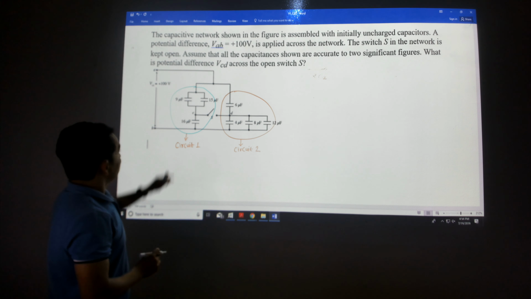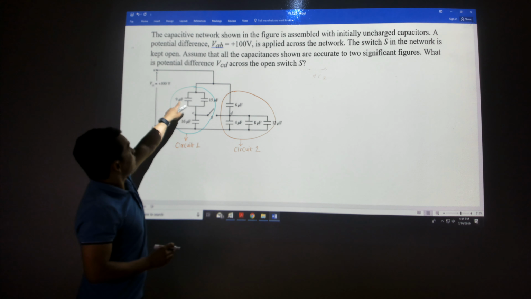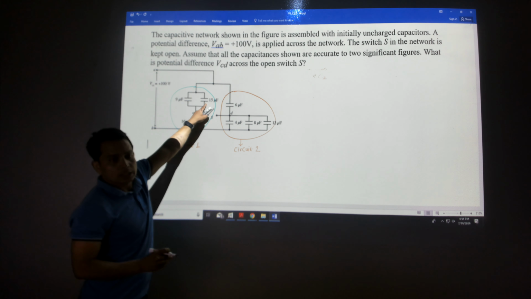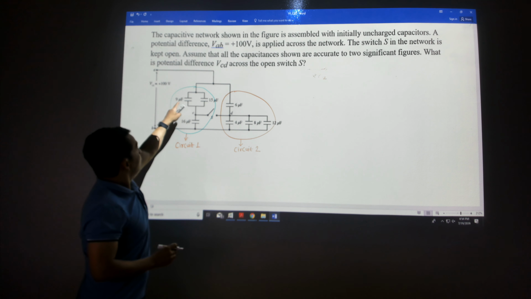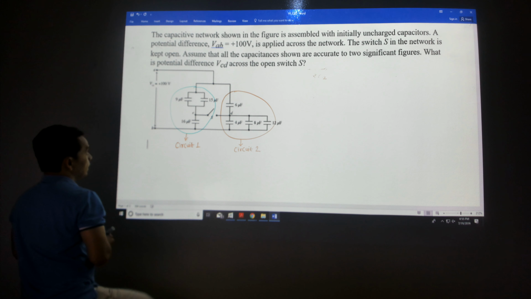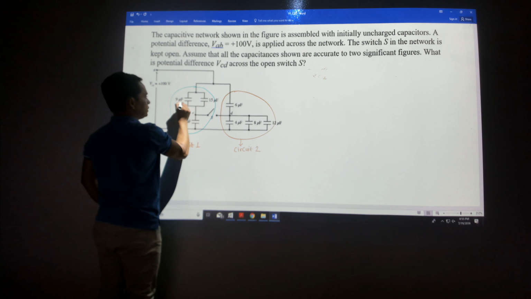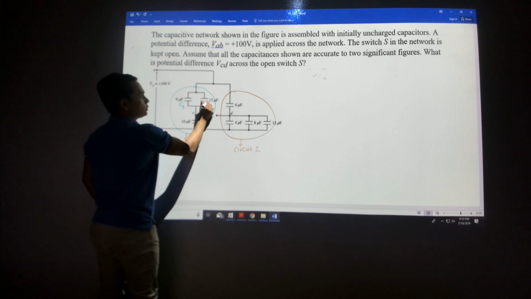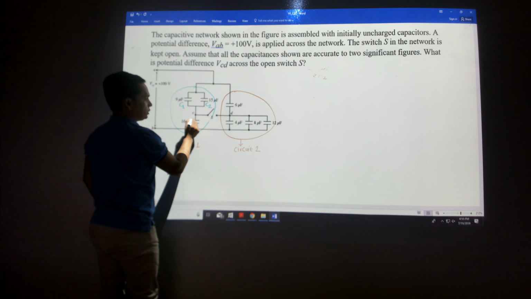Now look at circuit 1. These two capacitors are connected in parallel, and then that combination is connected in series. So what is the equivalent capacitance from this point to this point? Let me call these C1, C2, and C3.